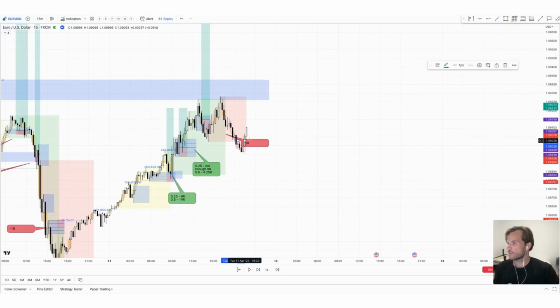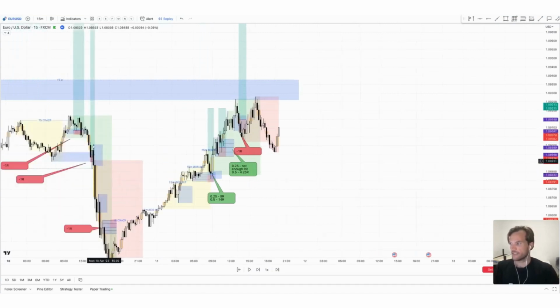Like, look at that. Just think of the definition of chock. It's a changing character. So essentially, you're looking for what was once very bullish to be very bearish. And having these, these are bearish candles. And then you look at this small, small, small, small, small with lots of bullish price action.